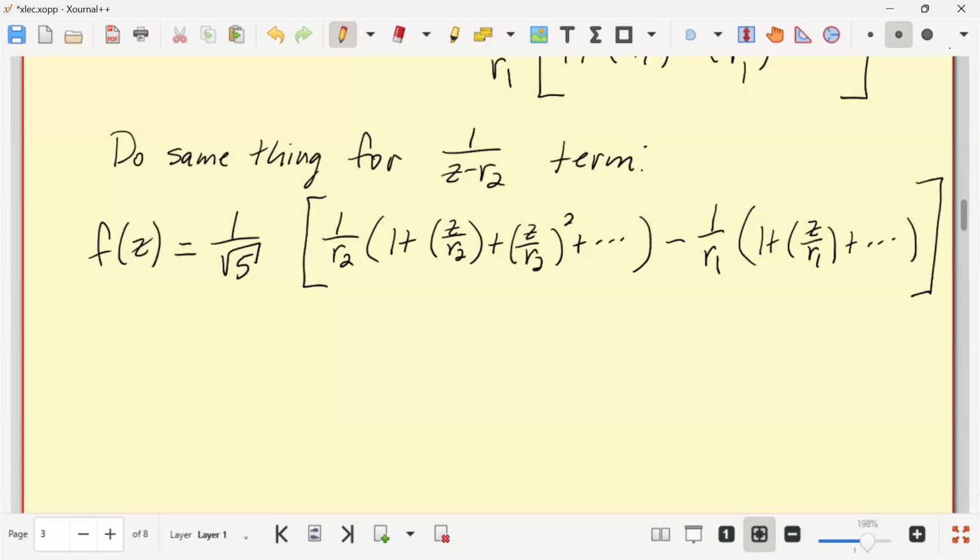So what would I get when I do that? I would get 1 over the square root of 5 in front. Do I want to do that? Maybe it wouldn't be that much fun.